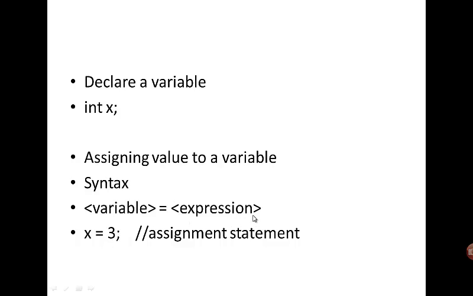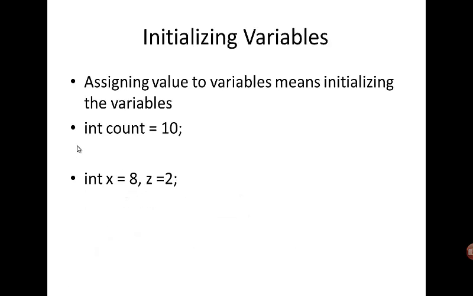We are assigning the value of 3 to that variable, so wherever you see x, that is going to be 3 in this example. Assigning a value to a variable is called initializing a variable. So you may see as you're coding the statement that a variable was not initialized, it has no value.